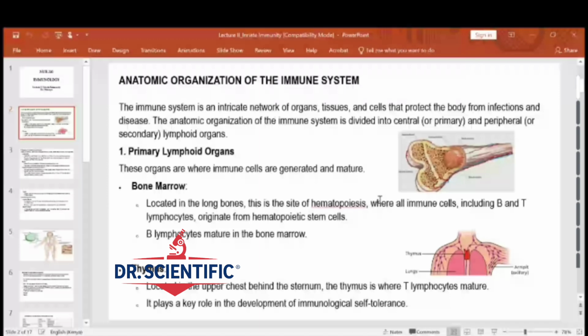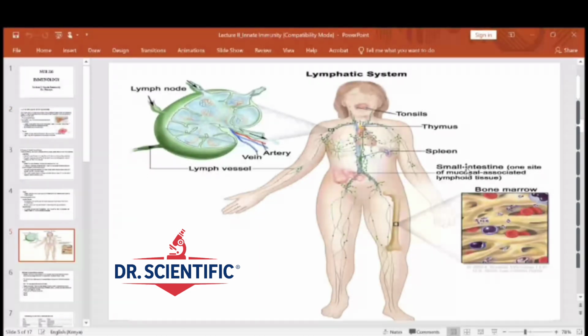Also see the small intestines have the mucosa, and we've seen that it's full of MALT. Every lymph node has an artery that is supplying and a vein that is draining it. They are found in all these locations on the body.